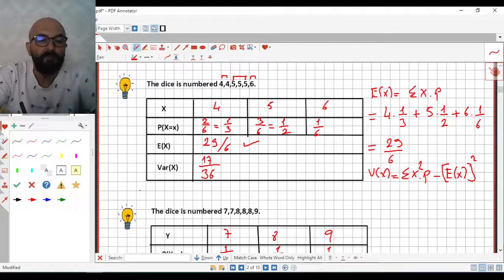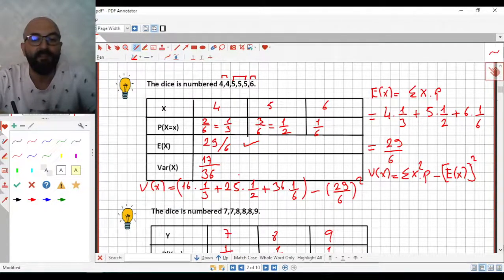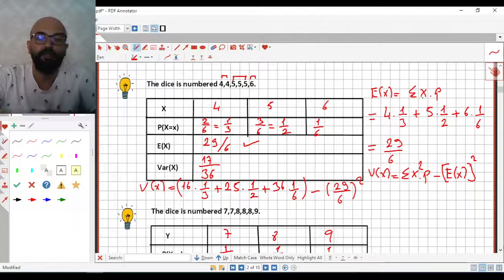So as you remember, variance is 4 squared multiplied by 1 over 3 plus 5 squared multiplied by 1 over 2 plus 6 squared multiplied by 1 over 6 and minus expected value 29 over 6 squared. And I found 17 over 36.